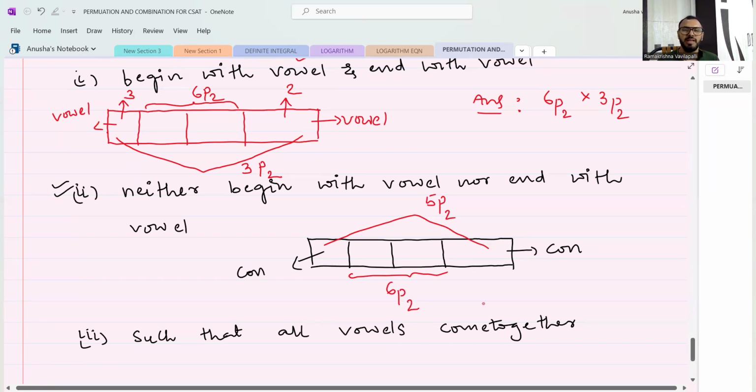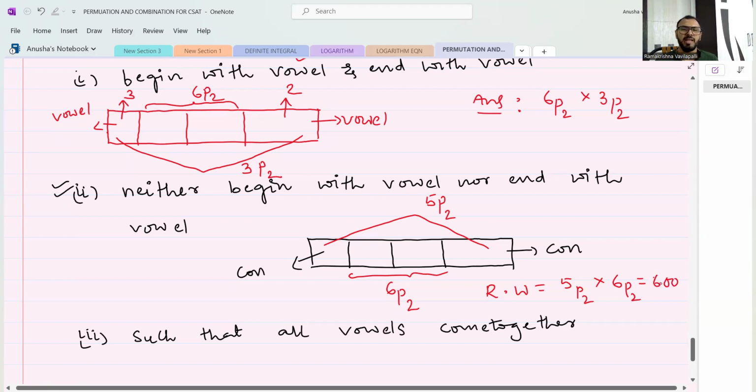So therefore, the required number of ways equals 5P2 into 6P2. 5P2 is nothing but 5 into 4, 20, and 6P2 is 6 into 5, 30. So this is equal to 600.